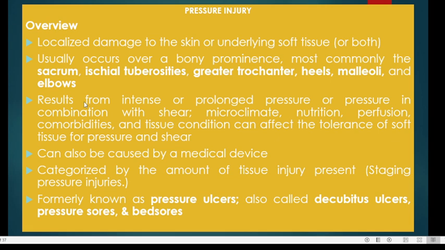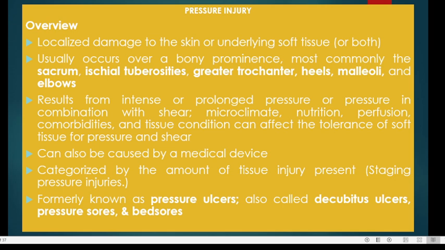It normally results from intense or prolonged pressure, or pressure in combination with shear. The microclimate, nutrition, perfusion, comorbidities, and tissue condition can affect the tolerance of soft tissue for pressure and shear, and thus result in pressure injuries.